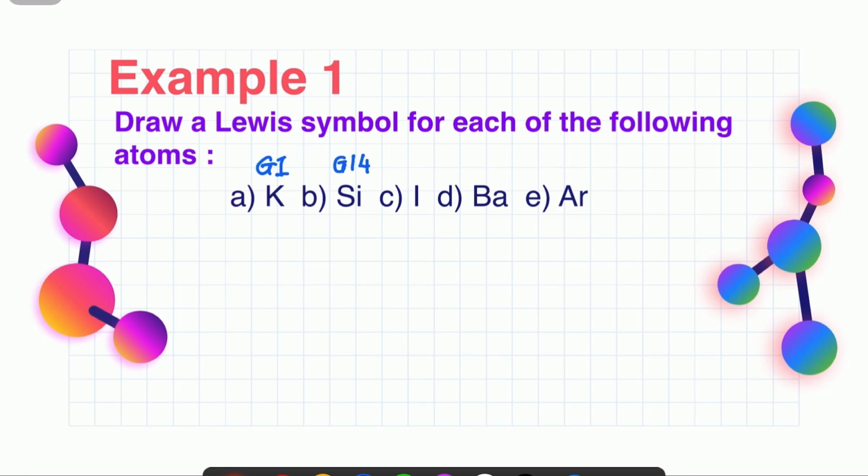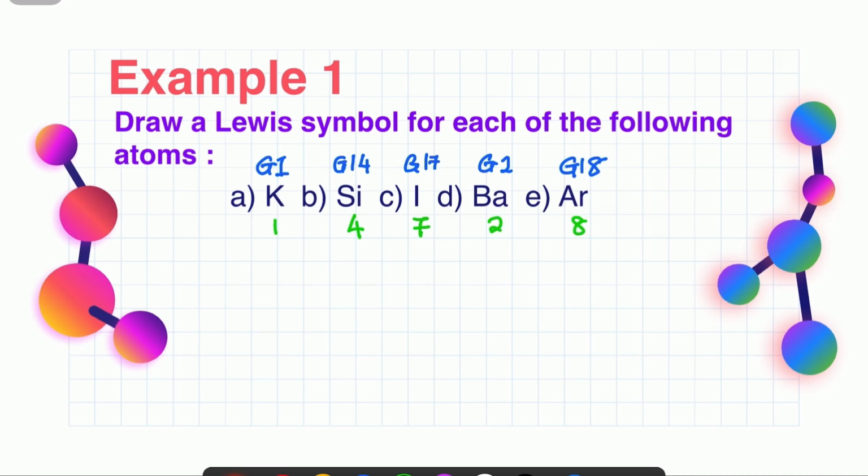Iodine is group 17, barium group 2, and argon group 18. So potassium has 1 valence electron, silicon has 4 valence electrons, iodine 7, barium 2, and argon 8.